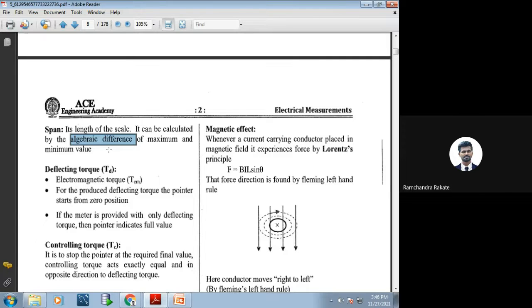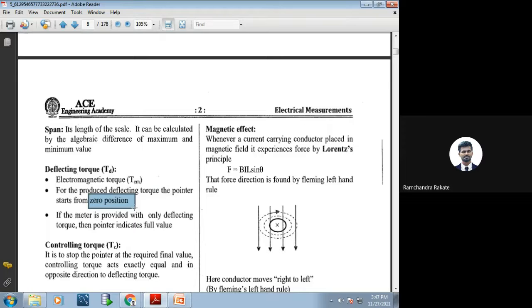From the GATE perspective, this is an electromagnetic torque which produces deflection of the pointer. Whatever amount of deflection this torque produces, accordingly the pointer will move from the zero position.